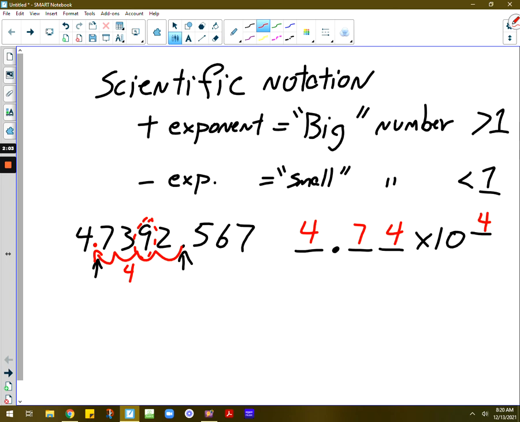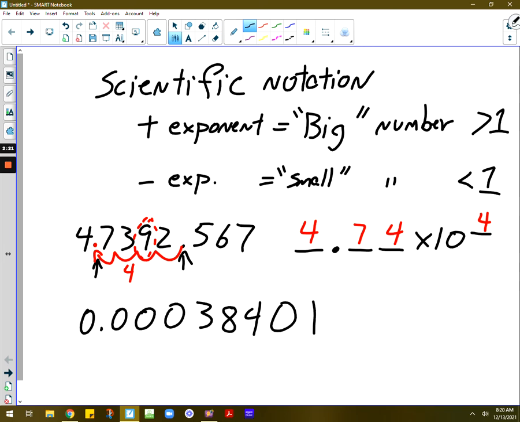Okay. If I have, let's say, a number like 0.000384001, I'm going to do the same thing. It has to be in the format digit, point, digit, digit, times 10 to some exponent.